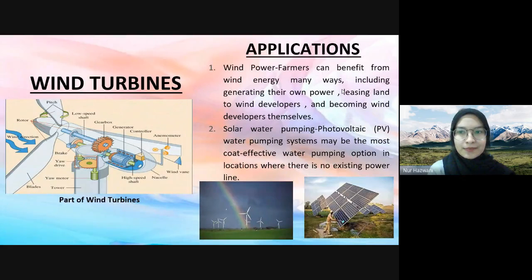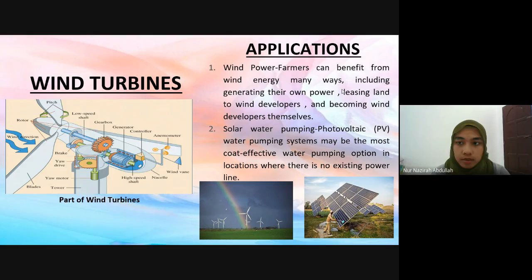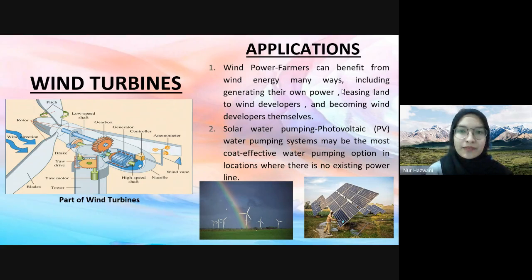Okay. So for the application of the wind turbines, the first one is wind power. Farmers can benefit from wind energy in many ways, including generating their own power, leasing land to wind developers and becoming wind developers themselves.